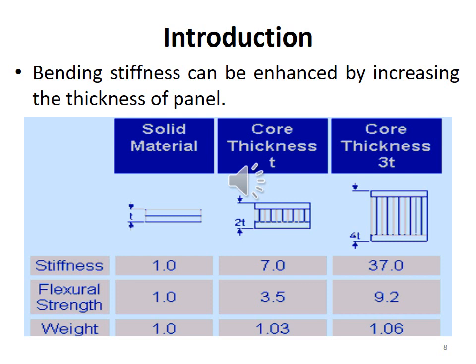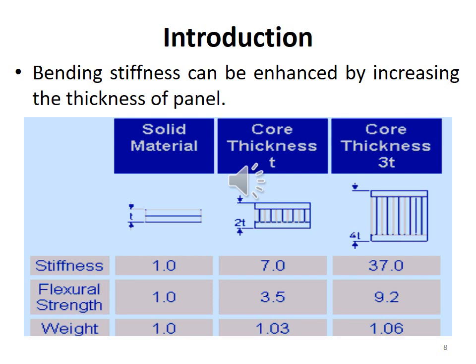In these three, the core width is increased step by step, and three properties are compared: stiffness, flexural strength, which is the response when we apply some bending on the sandwich panel, and the third property is the weight.